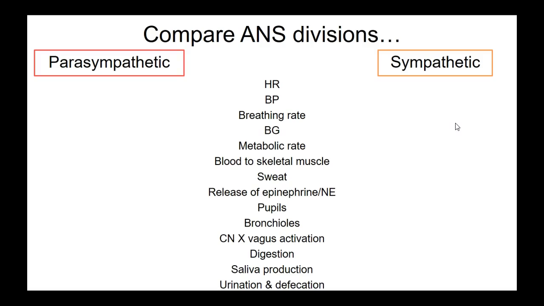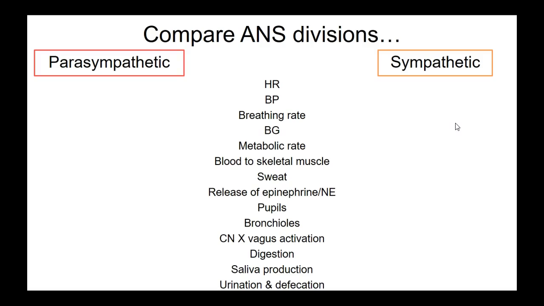Sweat production for parasympathetic going down, and for sympathetic, up. Hopefully you're seeing a trend here. Release of epinephrine and norepinephrine: for parasympathetic, down or not at all. For sympathetic, definitely going up.